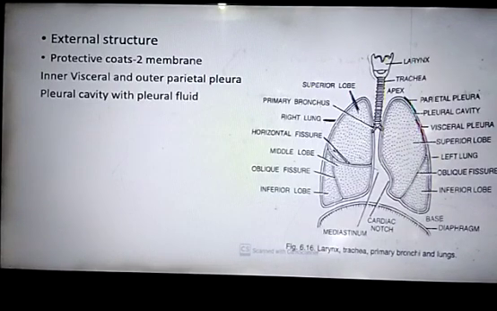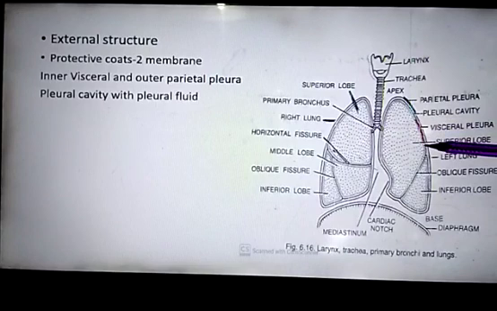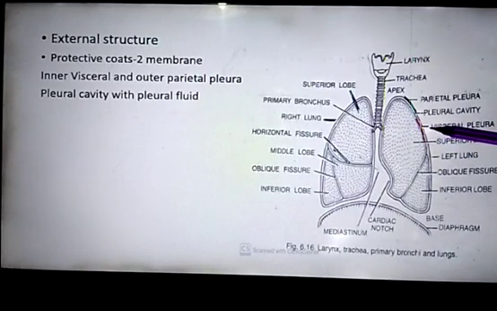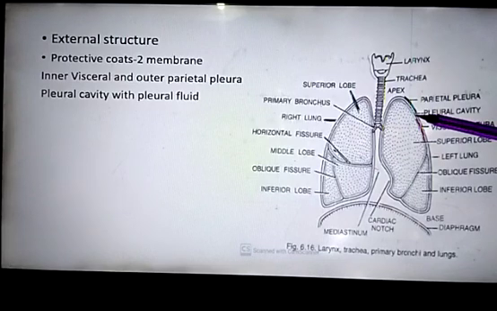The outer membrane is called the parietal pleura, and the inner membrane, which is in contact with the lung, is known as the visceral pleura. A narrow space exists between the parietal pleura and visceral pleura, which is known as the pleural cavity.